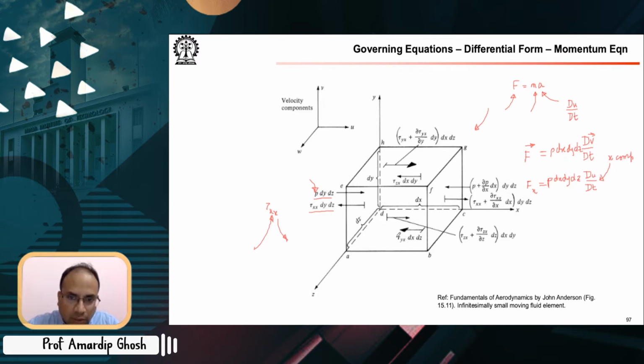For example, here you have tau yx, which says that this is a shear force in the x direction, second subscript, on the plane whose normal is in the y direction. So you can see that this is a shear force, a tangential force, and this is what we are typically used to understanding when we think of viscosity.